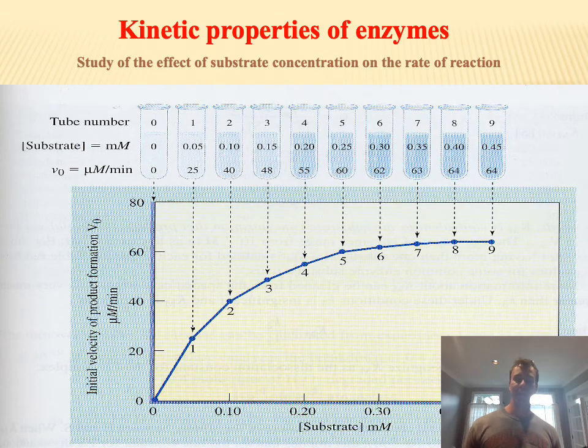If we think about this initial velocity of that enzyme reaction, so just that initial jump in the curve from the previous slide, if we think about that reaction in terms of substrate concentration, so as we add more and more substrate, you get a curve that looks like this.